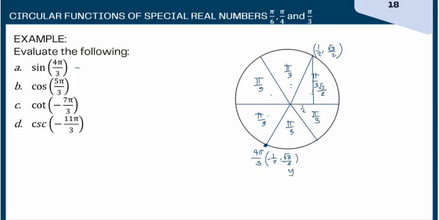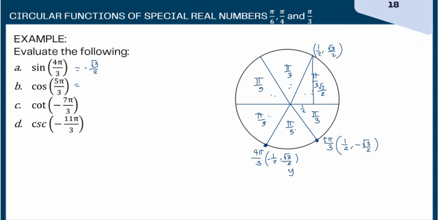So therefore, sine 4 pi over 3 is just negative square root of 3 over 2. And then for our 5 pi over 3, that is 1, 2, 3, 4, 5. So we stop here. This is our 5 pi over 3. And again, it's the same value as our value here in quadrant 1. It's just that it's in quadrant 4.